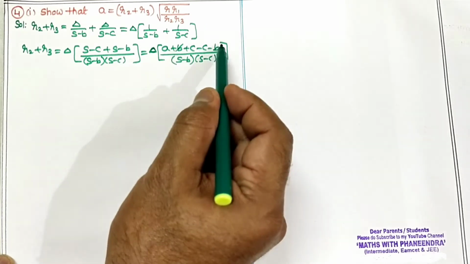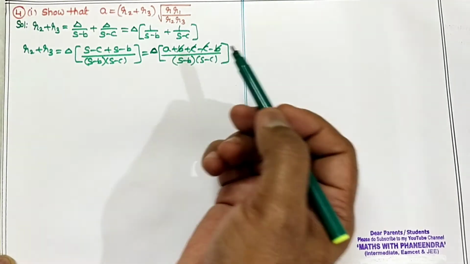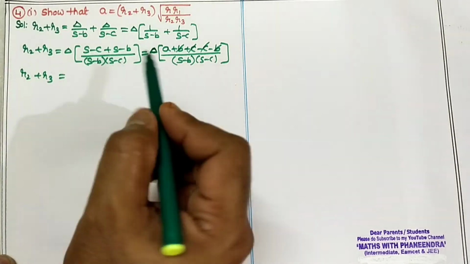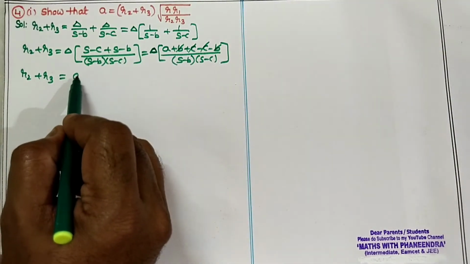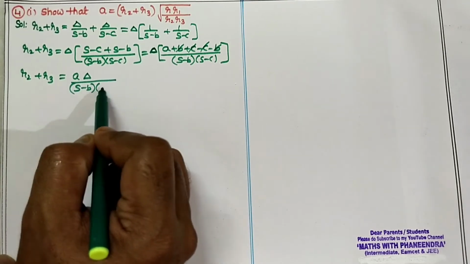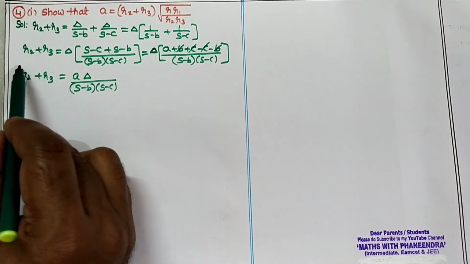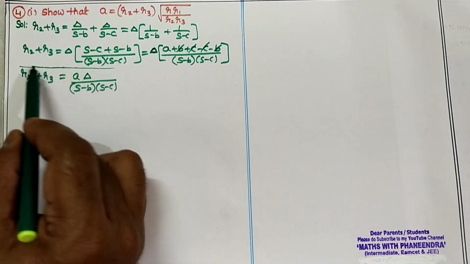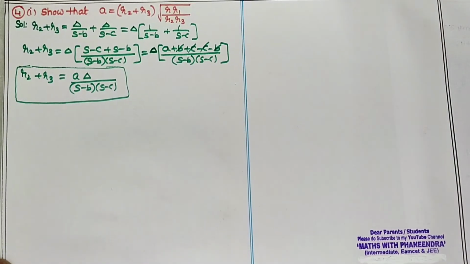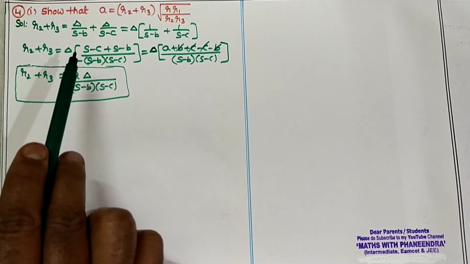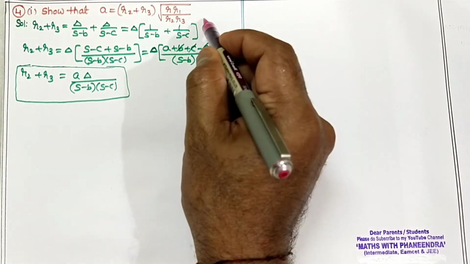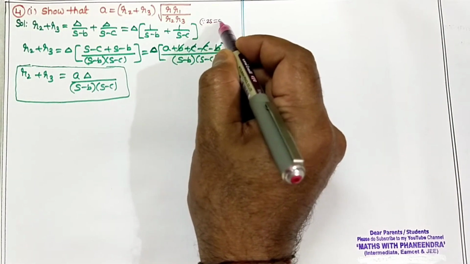So here plus b minus b get cancelled, plus c minus c get cancelled. We will get the value of r2 plus r3 is a into delta divided by s minus b into s minus c. This is the value of r2 plus r3. Here we applied s plus s is 2s. We know the formula, 2s is equal to a plus b plus c.